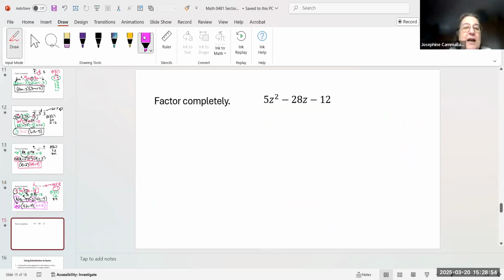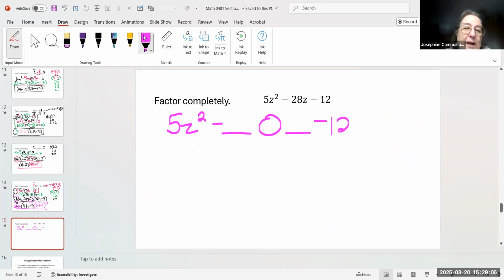I got one more to try. Okay, this is 5z squared minus blank, circle blank, minus 12. Okay, we're now getting good at this. You should know that that's a positive sign in the circle.